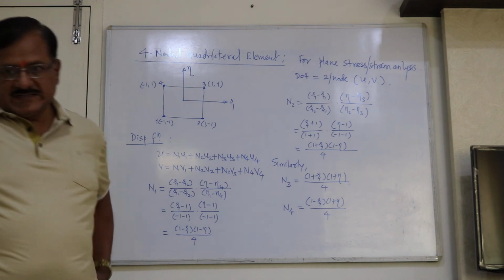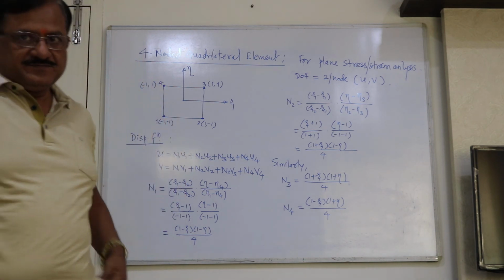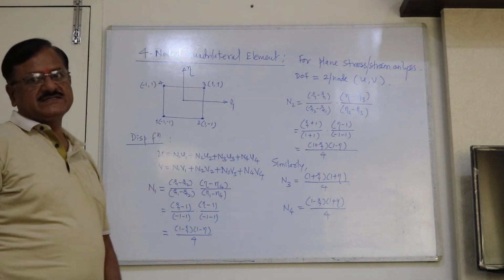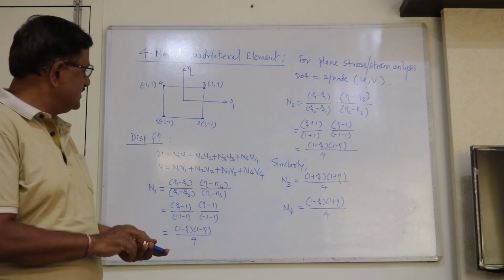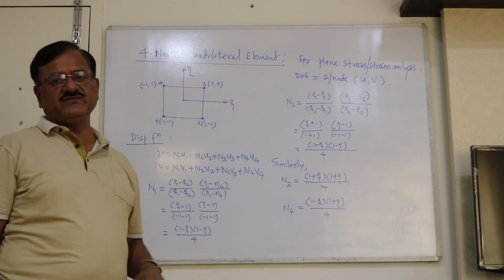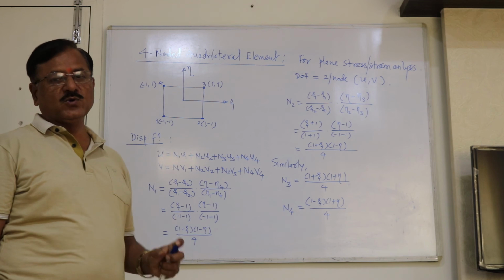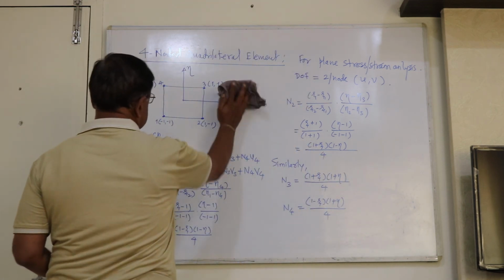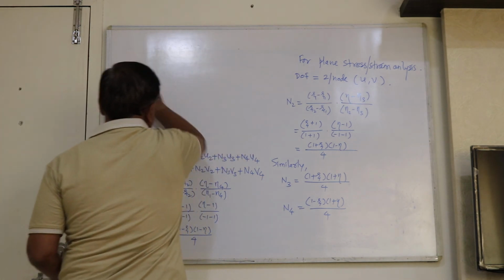Now we have calculated the shape functions. Before we proceed further, we can check the properties of these shape functions. We know that each and every shape function will have unit value at its own node and 0 at all other nodes. Let us consider the N1 function.